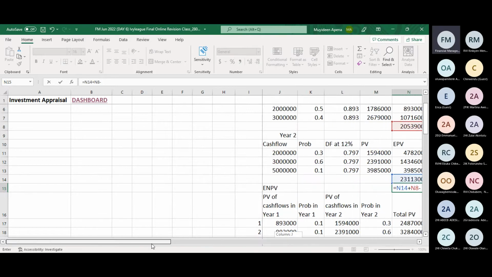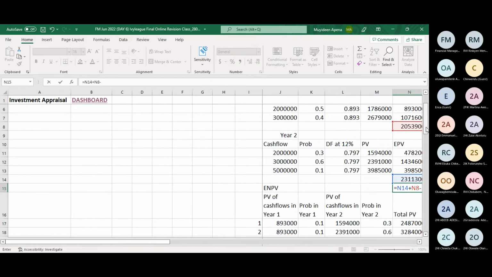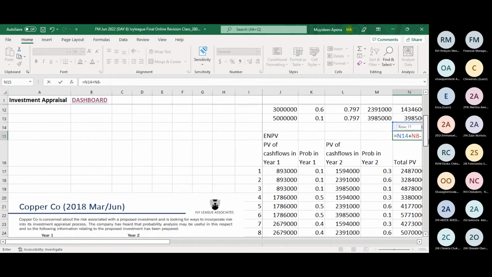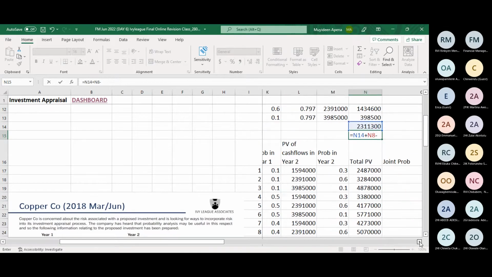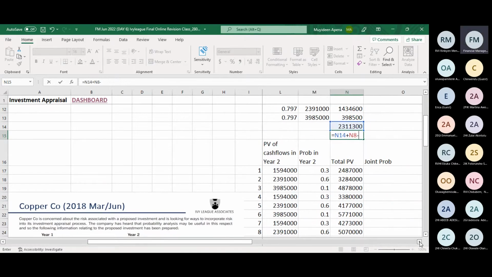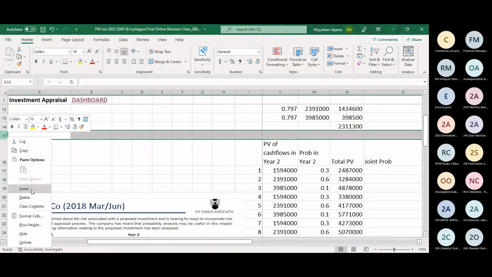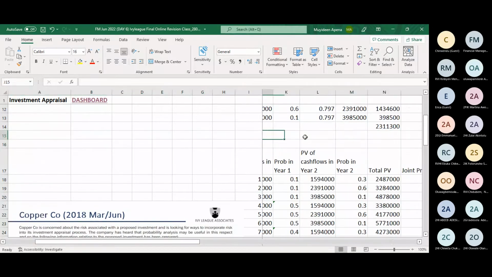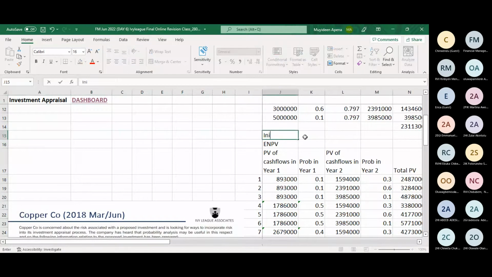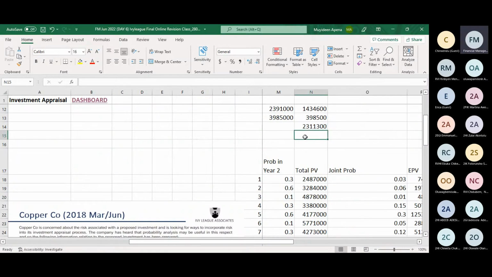Yes, that's what you would do, isn't it? The initial investment, or cost, is negative 3.5.